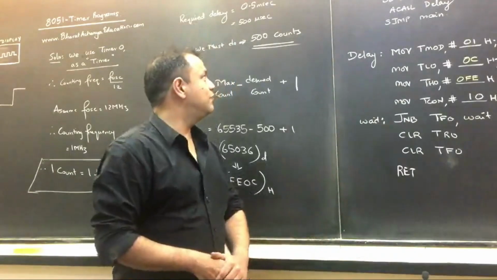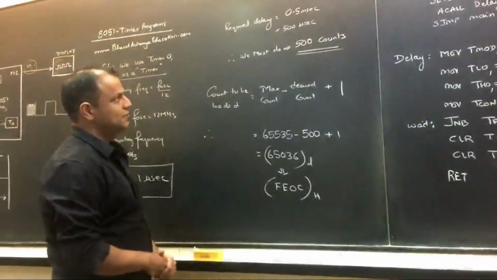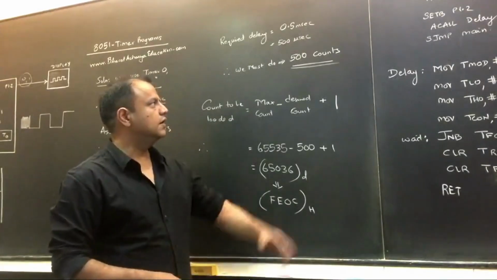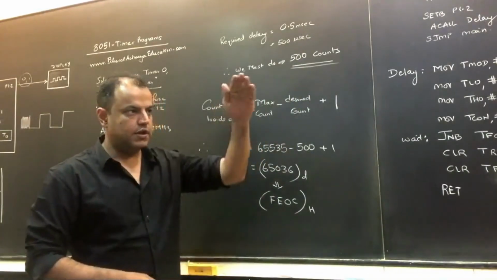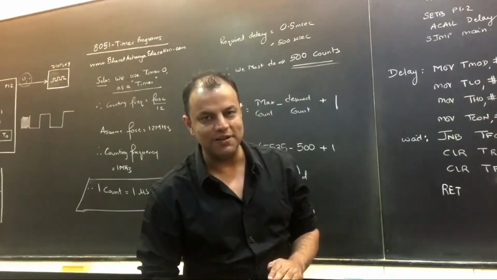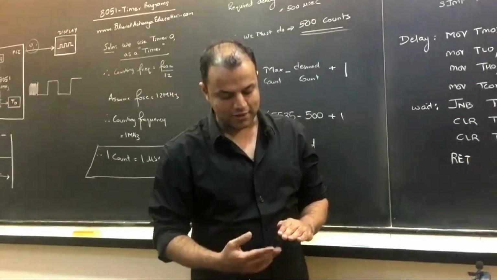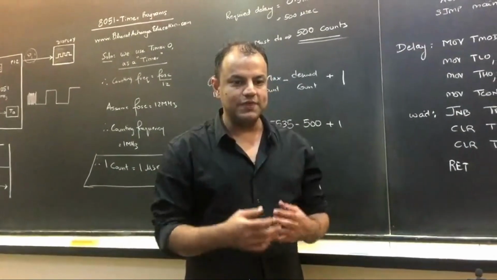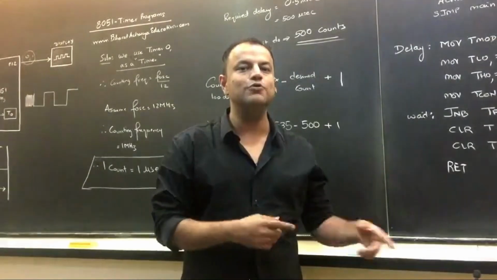So, if I want 500 microseconds, and if I was counting at 12 megahertz, I need 500 counts. If I was counting at 6 megahertz, my counting is so slow, I'm counting at exactly half the speed. That means exactly half the counts will produce the same delay.